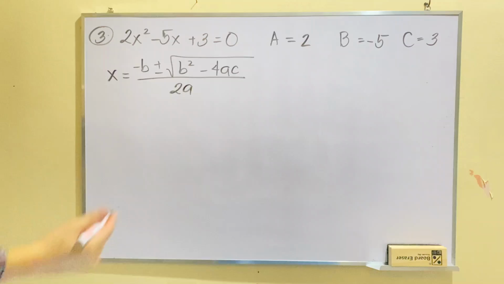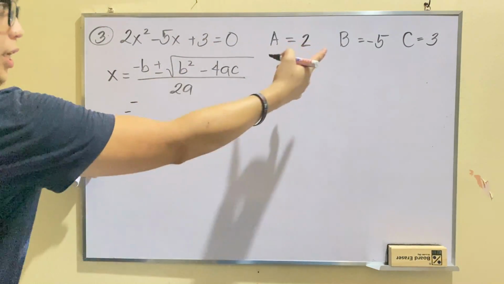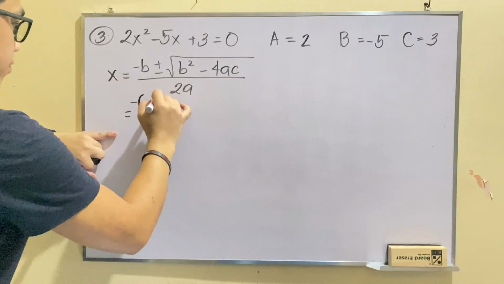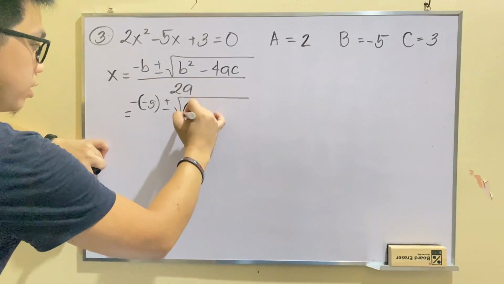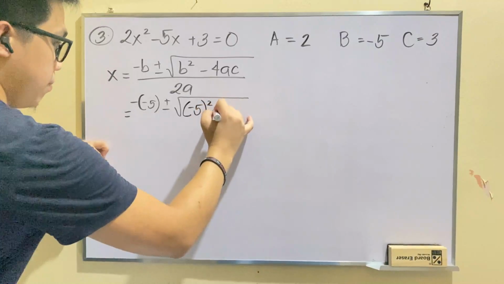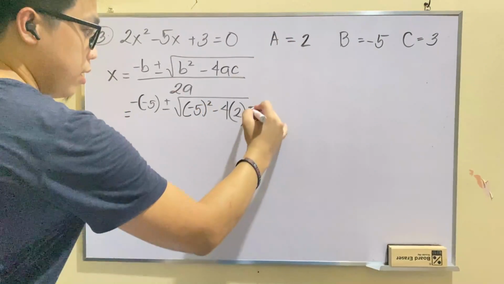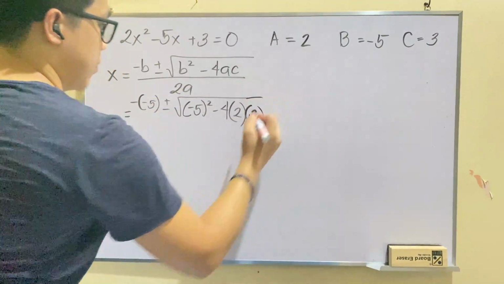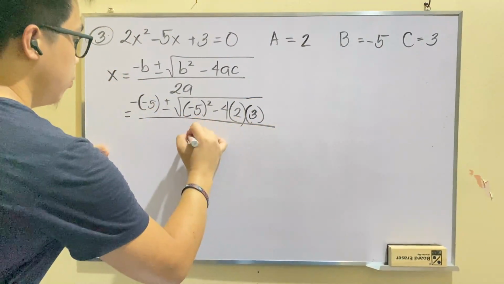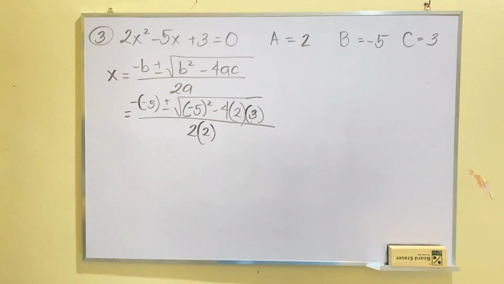So, substitute lang. Napakasimple. Negative, ano yung b? Negative 5 plus or minus square root of, ano yung b? Negative 5 squared minus 4 times 2, which is our a, and c, which is 3. Divided by 2 times 2, dahil siya yung value ng a.